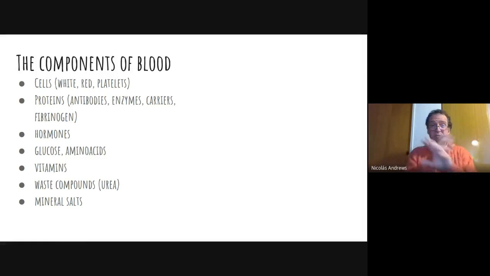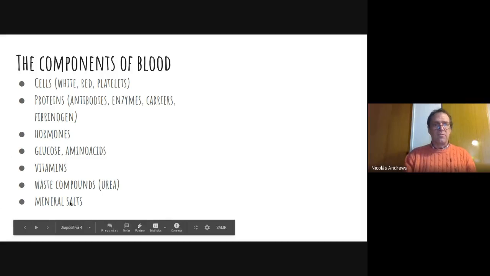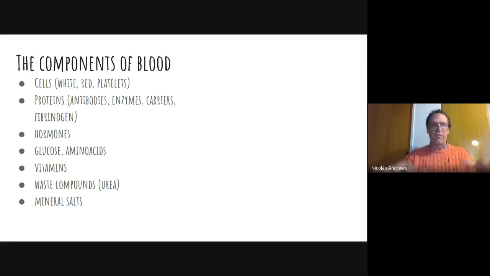Remember that these substances might be able to diffuse freely from one place to the other, okay? And so it is very important that the concentration is balanced, okay? Much of the pH of blood depends on these minerals, okay? So this is another very important function of minerals, to regulate the pH of the blood.